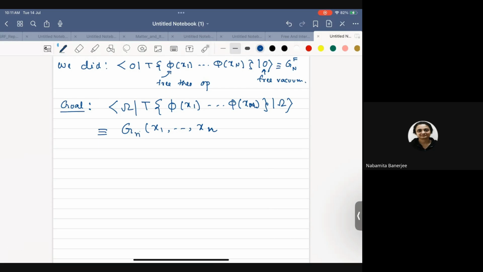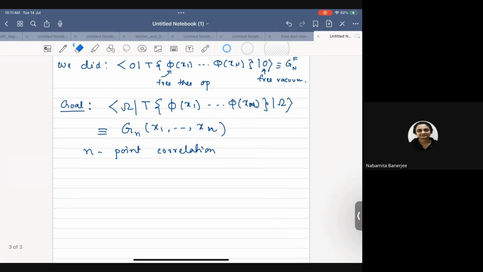This is what we call an n-point correlation function, the most important and interesting object in any quantum field theory. Correlation function in the QFT. This is what we still want to find.